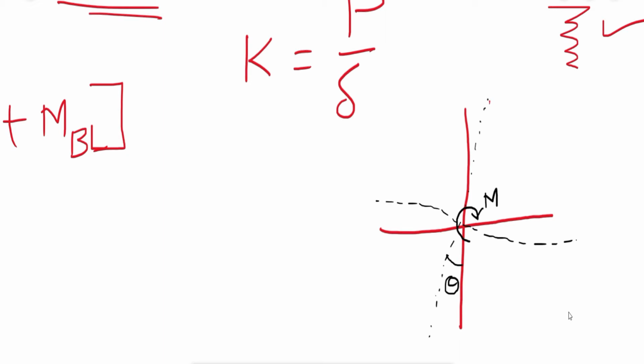Now for this joint, as this is a rigid joint, even after deformation or rotation, the relative angle between the column and beam will always be 90 degrees. That is not going to change because it is a rigid joint.